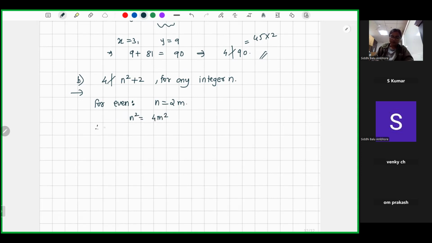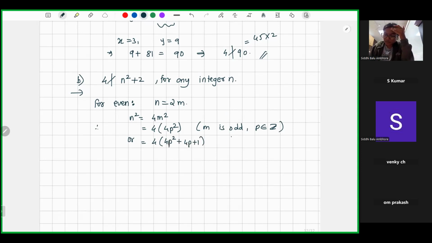If m is even, then this is of the form 4p square, and otherwise, if m is odd, it is of this form, 4p square plus 4p plus 1, with p in Z.